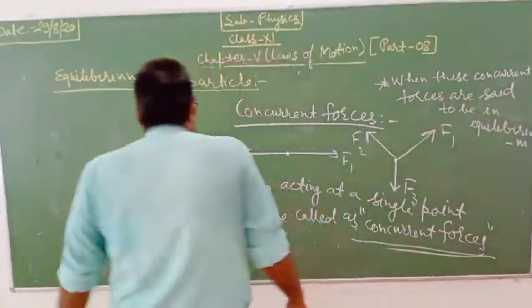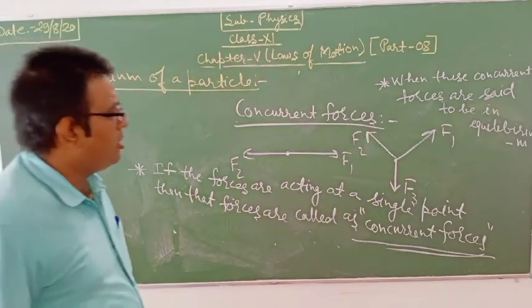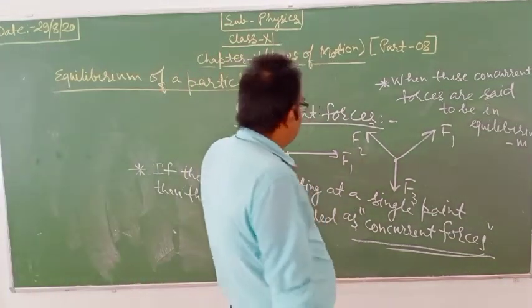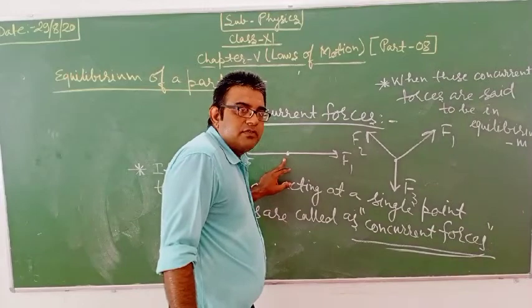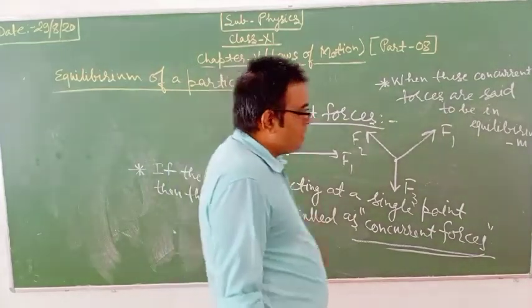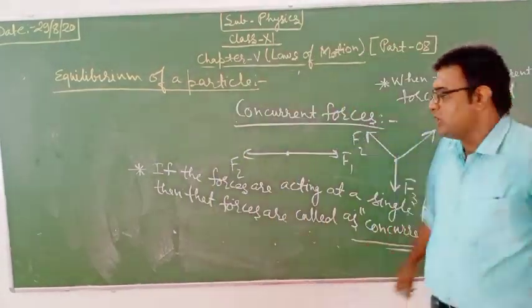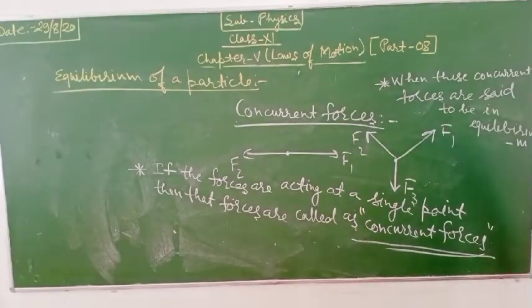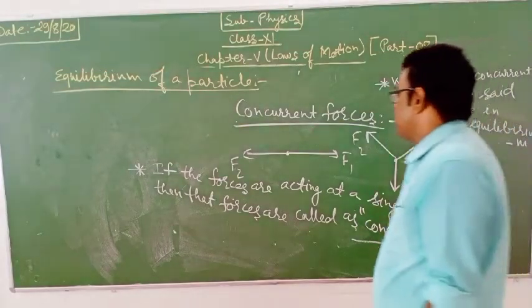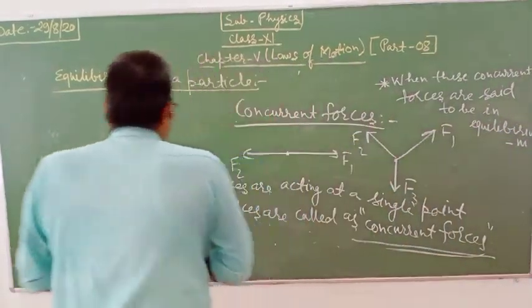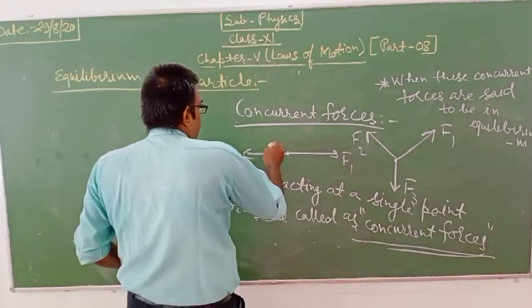These concurrent forces are said to be in equilibrium when the resultant of these concurrent forces is zero. How can you justify that the resultant of these concurrent forces is zero? So here we have drawn two cases.